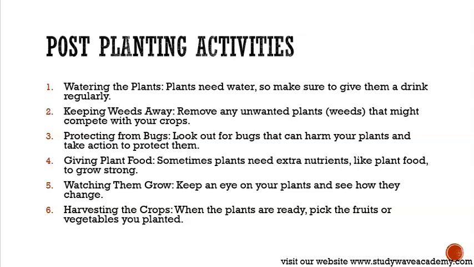You observe your plants as they grow. Measure their height and count the leaves if possible. Harvesting the crops. When the plants are ready, pick the fruits or vegetables you planted. When your plants are ready, you pick and enjoy the fruits and vegetables you have grown.